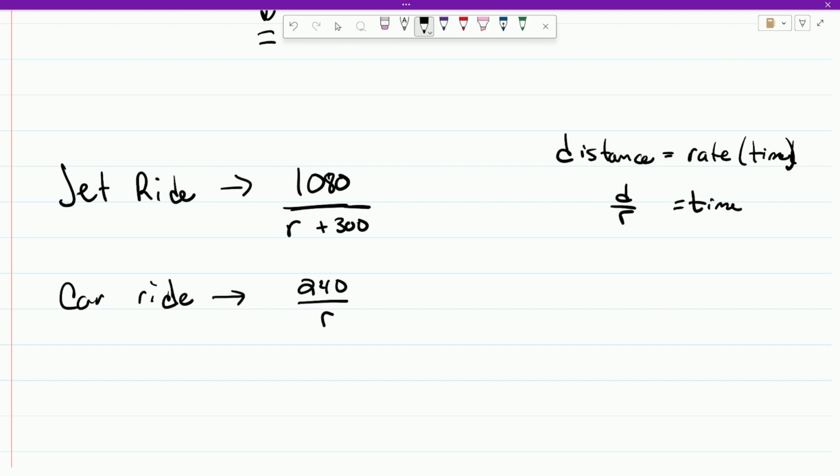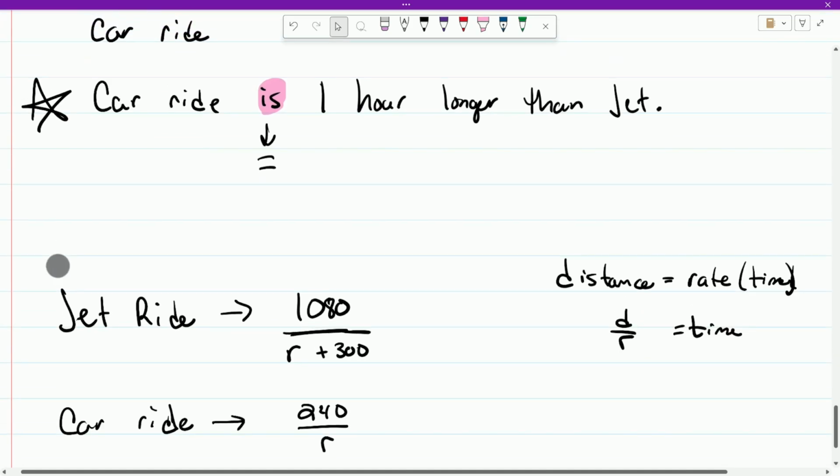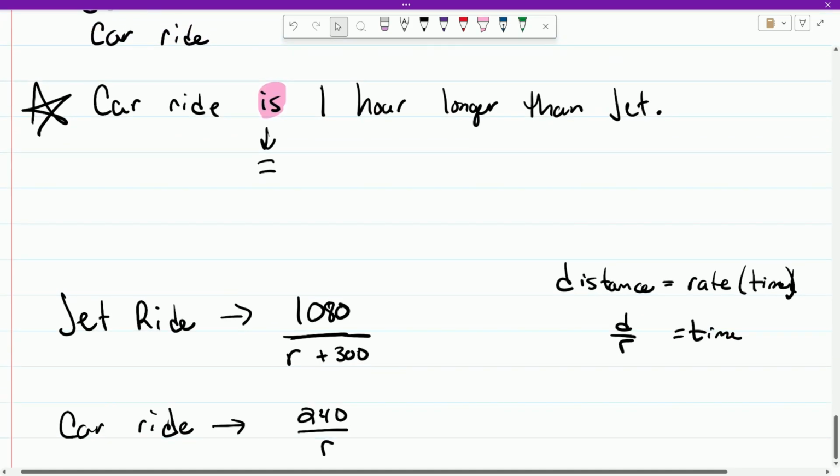However, there's one thing that we need to consider, and this is where we come back up to that star: the car ride is 1 hour longer than the jet.